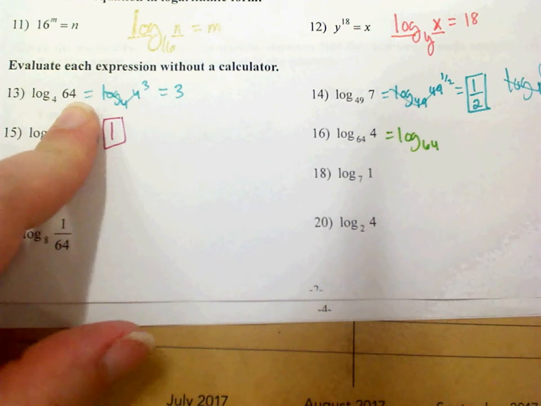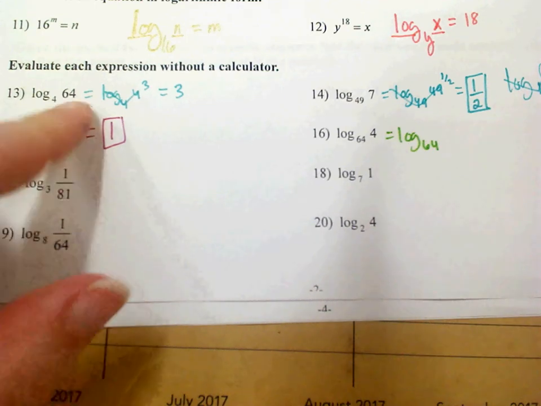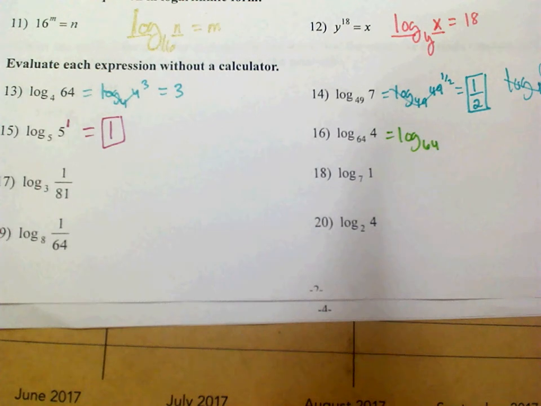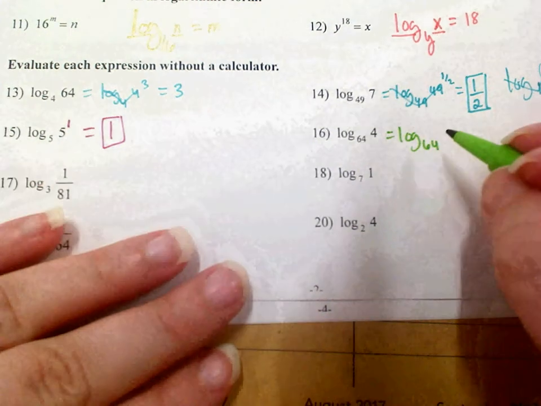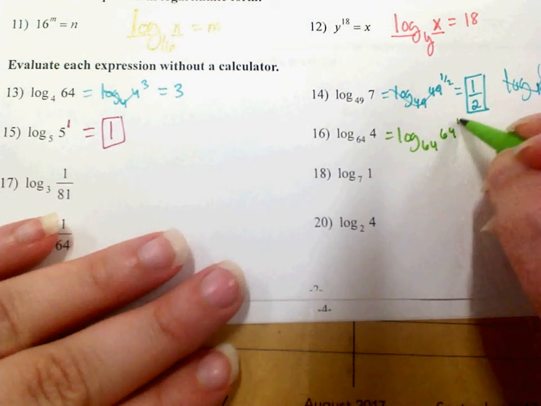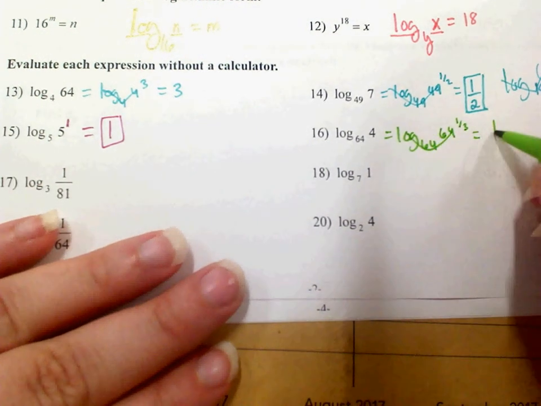Sorry, 4 is the cubed root. If 4 cubed is 64, then the cubed root of 64 is 4. So I can rewrite this as 64 to the 1/3 power, and I'm left with 1/3. You will have a power chart, you will not have a calculator.